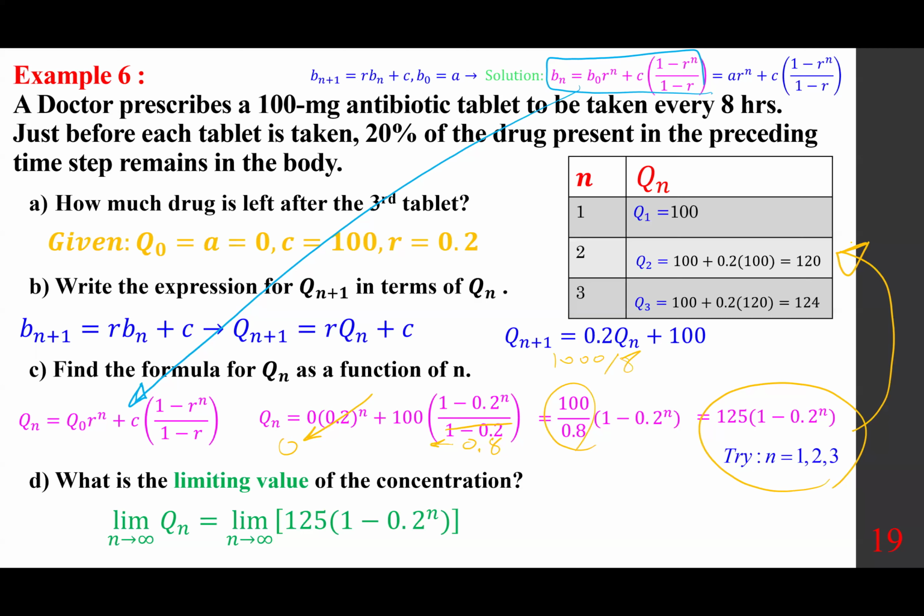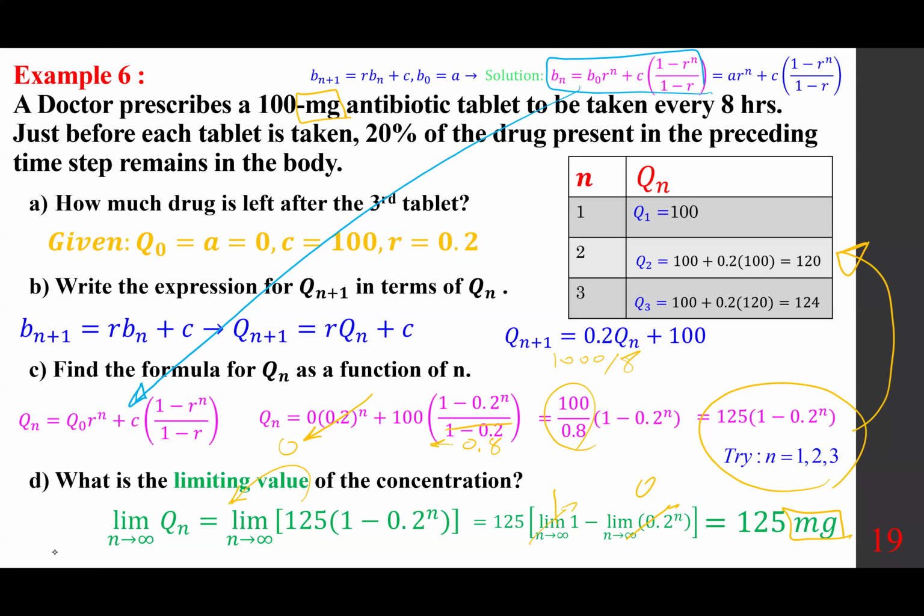We take the 125 out, and then the limit of 1 as n goes to infinity, and the limit of 0.2 to the power of n as n goes to infinity, minus that. And as you know, this is 1, this is 0, and the answer is 125 milligrams. You always write the units accordingly.